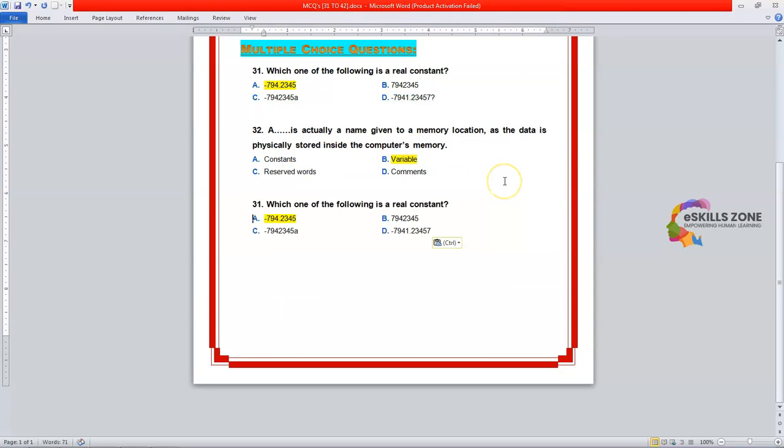Next number 33. Question is, the value of a can be changed in a program. Option A, variable.